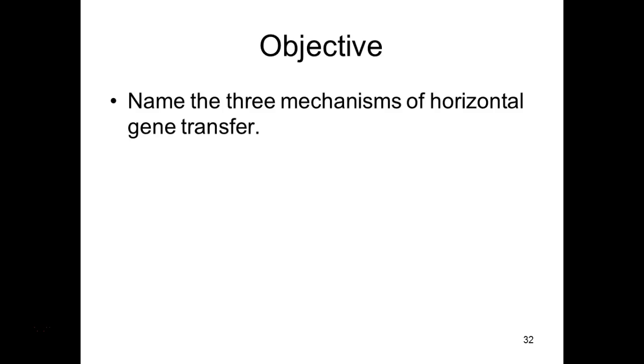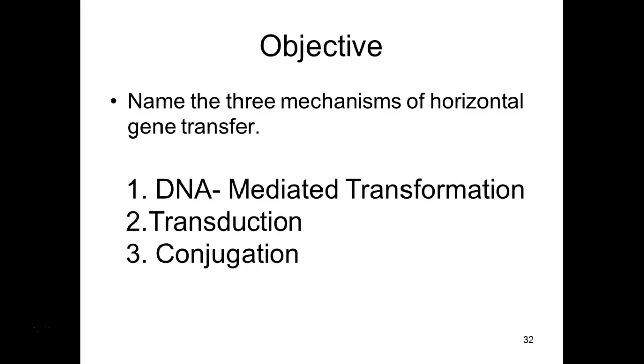Probably one of these three mechanisms that we're going to talk about. It acquired it from its cousin. So the three mechanisms, and sometimes this one's just shortened to transformation, but transformation can be done with other things. So sometimes we specify that it's DNA-mediated. It's the DNA that's causing this transformation.